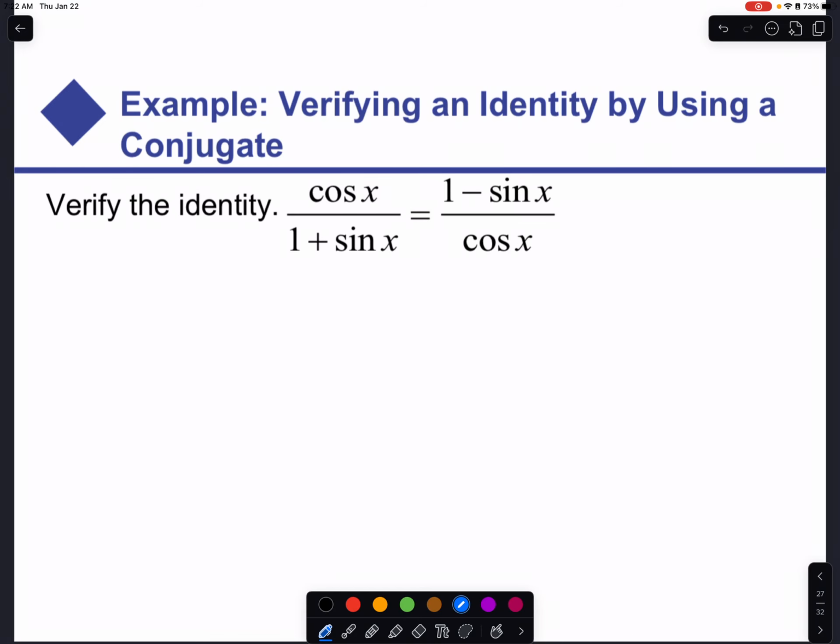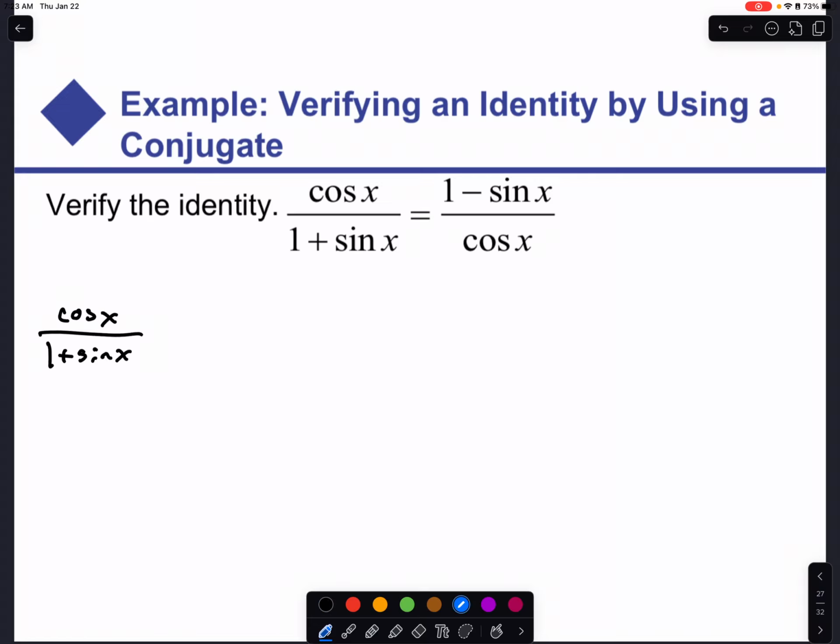Let's see, verify this identity. This one, I'm tempted to try the conjugate, all right? So multiplying by 1 here using the conjugate. If we start on the left, on the bottom we have 1 plus the sine of x. On top we have cosine of x.